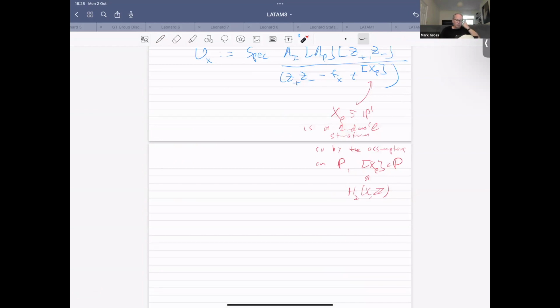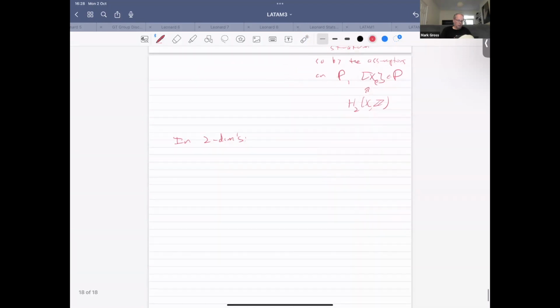If I were to do this in 2 dimensions, let me just do a quick sketch here. We would have something like this. And again, I would have a scattering diagram sort of wall structure that looks something like this.